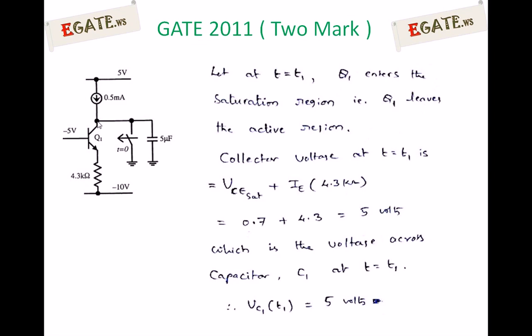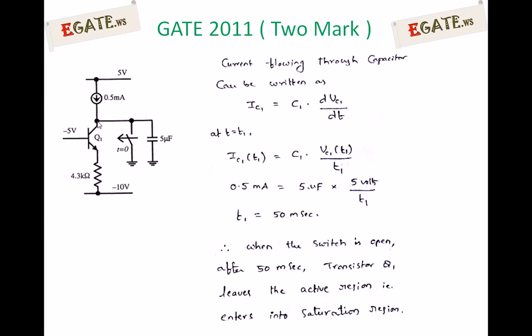Now we know the current flowing through the capacitor C1, that is 0.5 milliamperes, and the voltage across the capacitor, that is 5 volts. So we can write the equation relating current and voltage of a capacitor as IC1 is equal to C1 into dVC1 by dt. Simply, I is equal to C dV by dt. We write it for C1, that's why the subscript is C1, and that is the general equation at any point of time, but here specifically we go with t equal to t1.